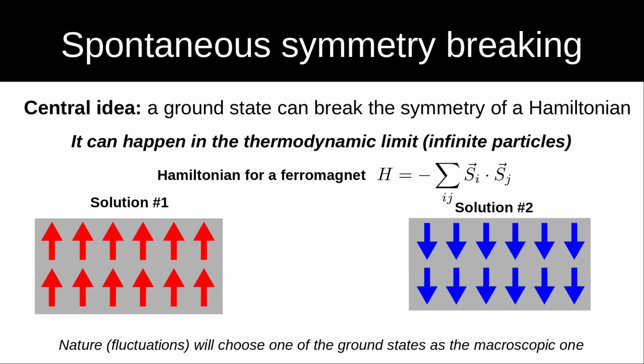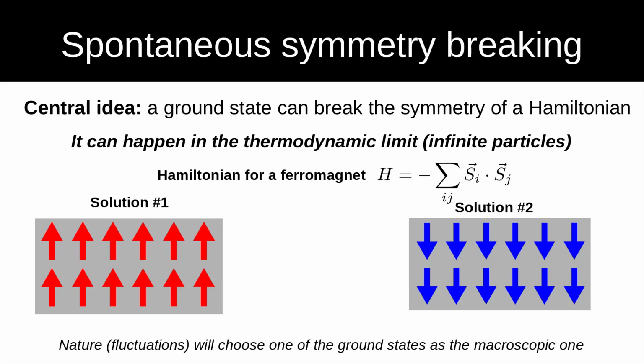But now, if you have a very, very large system with an infinitely large number of particles, then the system is going to make one of these two choices. So it's going to choose all the spins pointing up or all the spins pointing down. And when you make a measurement, you will only see one of those solutions. Your Hamiltonian was originally symmetric.